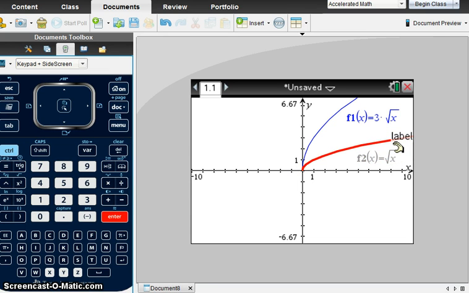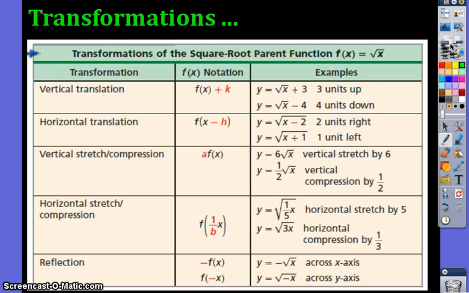The blue one is our transformed function. As you can see there, we did a vertical stretch by 3. Looking back at that table from your notes, we multiplied the whole function by 3, so that wound up doing a vertical stretch, since the number we multiplied by was bigger than 1.